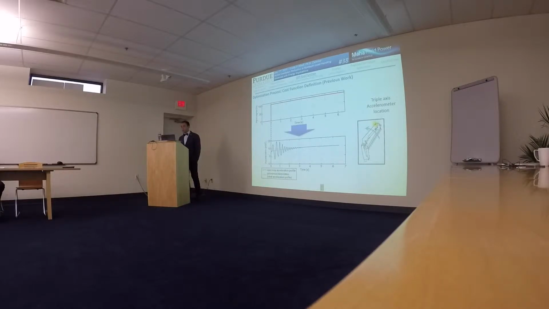Now, if we interpolate this blue line with a polynomial, we get this green dotted line, which is what we call our optimal profile for the acceleration, which is the profile in the case we have no oscillations. So naturally, the difference between the blue and the green line is our cost function, which is what we want to minimize.